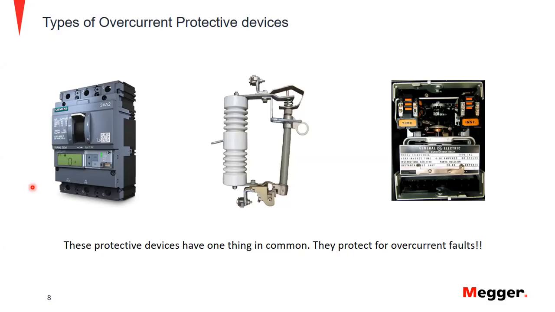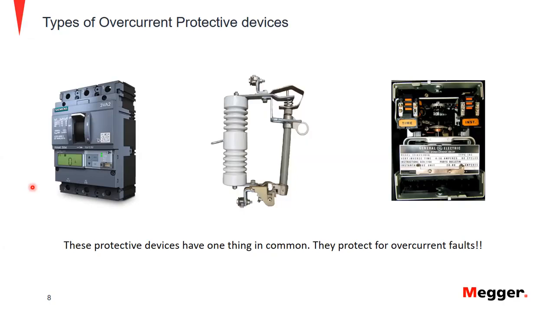We have a few arc chutes and other ways that it's made internally, but we're not going to go over those. But it is a trip-free device, and that is nice to know, because you can't simply hold the handle and prevent it from tripping, like I've seen people do with some lockout relays years ago.